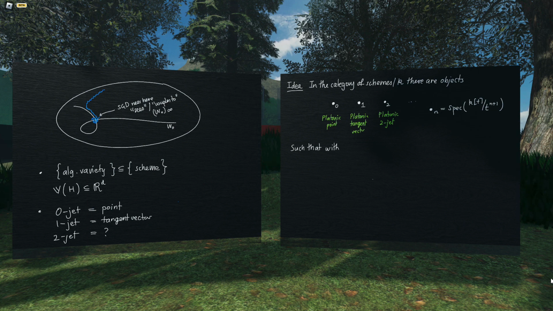Now, I want you to imagine that the category of schemes has exponentials. That is, given schemes X and Y, you could form a scheme, sort of an algebraic variety kind of object, whose points are suitable maps from Y to X. In fact, this doesn't exist in the category of schemes.